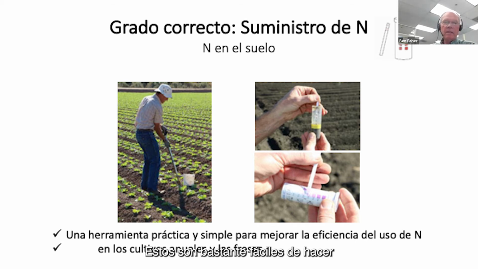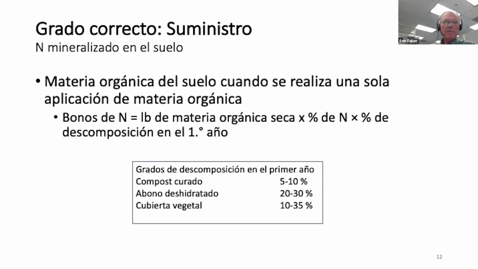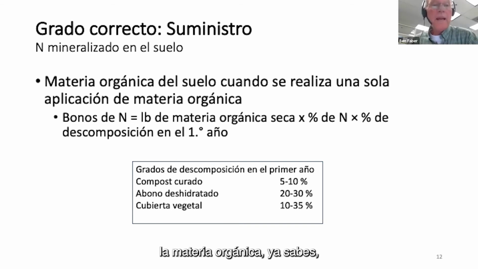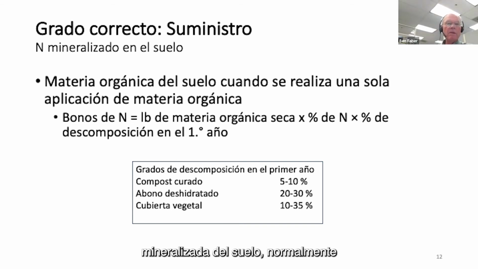These are fairly easily done, and that will give you a pretty clear example of how much to apply. Determining how much is coming from organic matter, the amount that's mineralized from the soil. Typically, you can figure 5 to 10% from organic matter that's being released if you've applied compost, manure, or a cover crop.